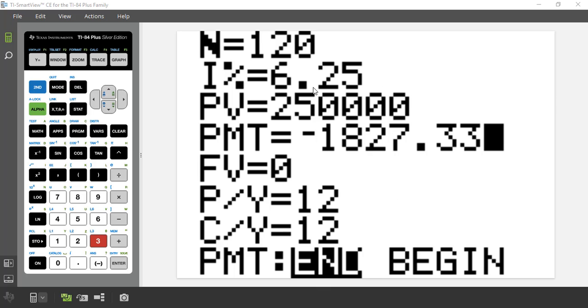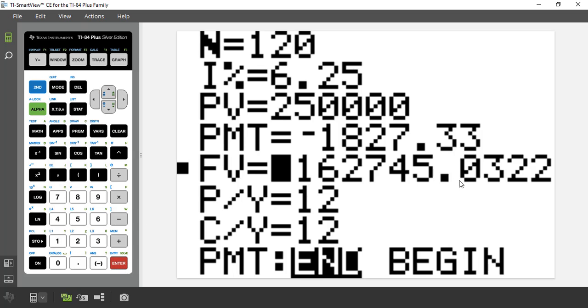Now I will put this into the graphing calculator. For the PMT, you have to change it into a 2 decimal places value. Then we're looking for future value. So I will go to alpha, enter. This will be the money you still need to pay after 10 years.